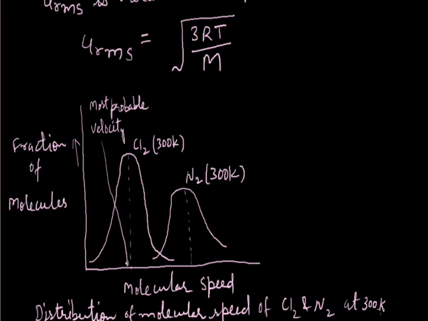In the graph, on one axis there is fraction of molecules, on the other axis there is molecular speed of Cl2 and N2. The graph rising high is for chlorine, and the graph rising low is for nitrogen at 300 Kelvin. It is also observed from the above relationship that the speed of a gas molecule at a given temperature also depends upon its molecular mass. Lighter the molecules, more is their speed. Thus, lighter nitrogen has a higher value of most probable velocity than chlorine molecules.